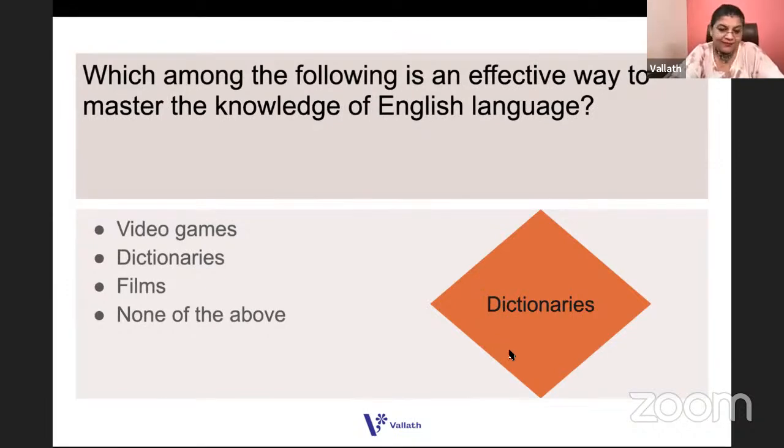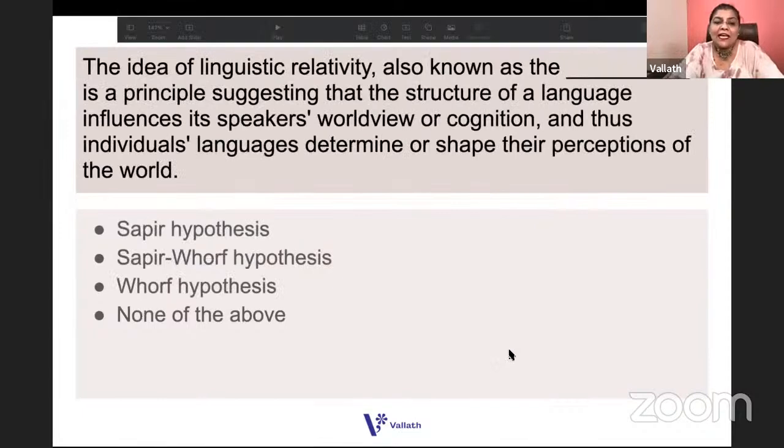The idea of linguistic relativity, also known as the dash, is a principle suggesting that the structure of a language influences the world view of the speakers. Why I am thinking like this is because I speak this language.